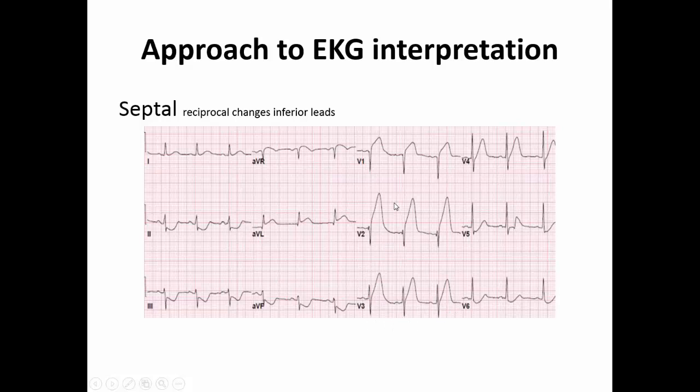Then, obviously, it's hard to take your eye away from this massive septal MI. There may be a little bit of a lateral infarct as well, at least in AVL. There's elevation, maybe not any elevation in lead 1. You do see some reciprocal changes here in the inferior leads, which you don't necessarily have to see with a septal infarct. So, large infarct needs to go to the cath lab.